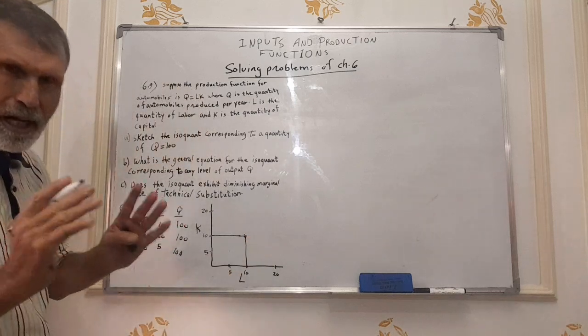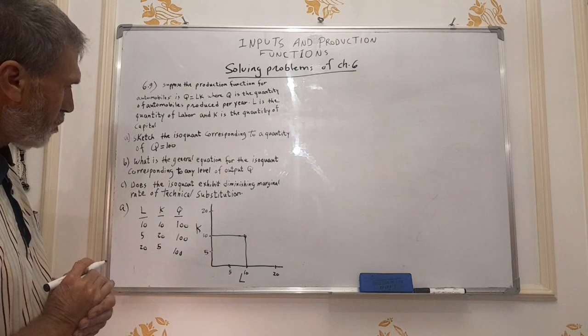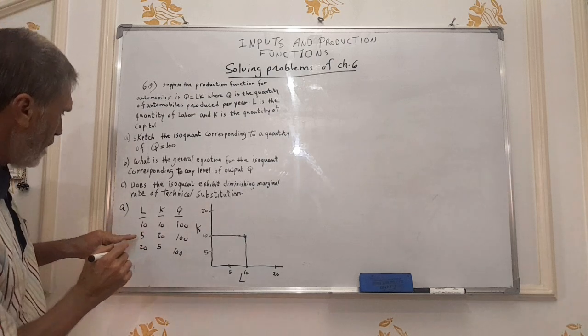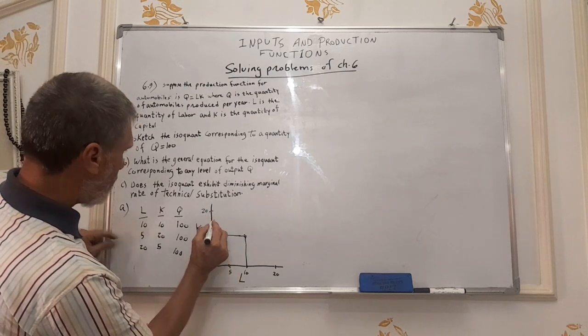It's not going to be precise, but at least it will show you the sketch. With 5, labor is 5, and 20 is the capital.